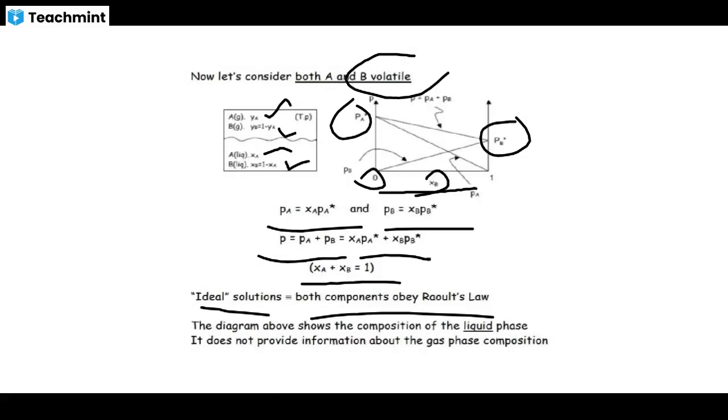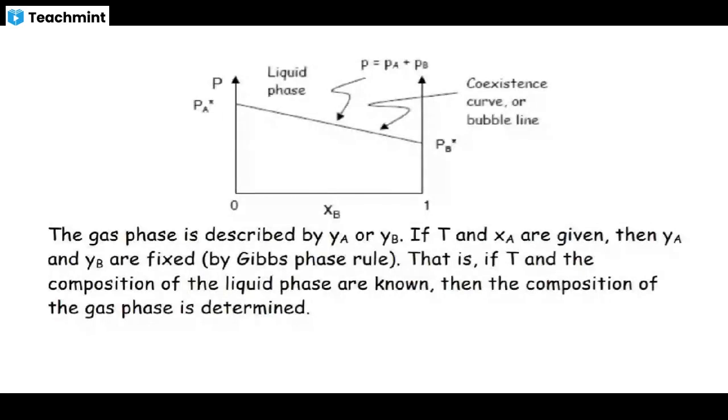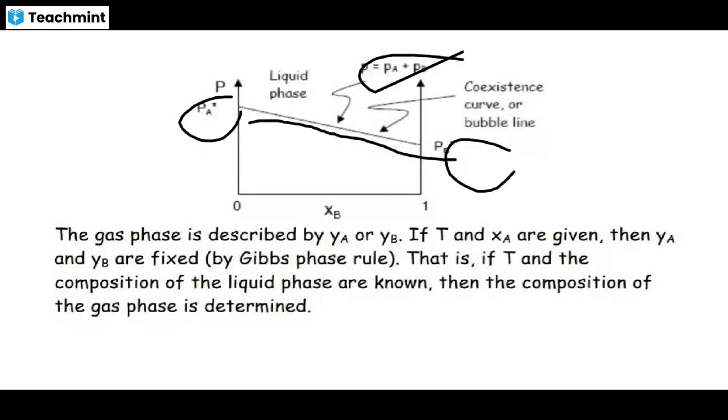The diagram above shows the composition of the liquid phase. It does not provide information about the gas phase composition. Here this is the partial pressure of A and the partial pressure of B, and this is the total pressure Pa plus Pb. This is the coexistence curve.